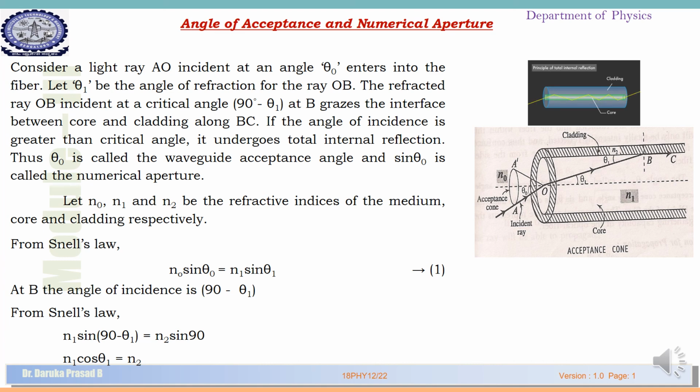If it is less than the critical angle, then normal refraction takes place. That means the light ray enters the cladding, which is a loss. Hence any light ray incident within this cone, the acceptance cone, undergoes total internal reflection. Any light ray beyond this cone angle, that is, if the angle of incidence is more than theta naught, then light enters the cladding, which is a loss.